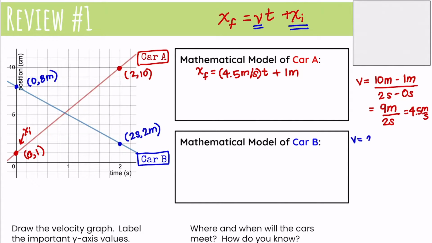So we're going to use these 2 points to calculate our velocity. 2 meters minus 8 meters is going to be whatever that number is over 2 seconds minus 0 seconds. So 2 minus 8 is negative 6. And over 2 seconds, so it's negative 3 meters per second.